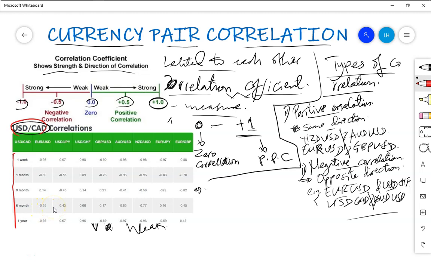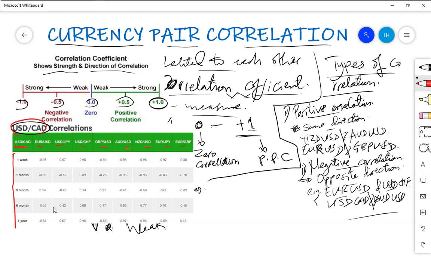So now we have time frames there, and always our currency, USDCAD. Take the weekly time frame as an example. Let us see how USDCAD correlates with other currency pairs. I will take two pairs, one showing positive correlation and the other showing negative correlation. For example, USDCAD shows negative correlation with EURUSD.